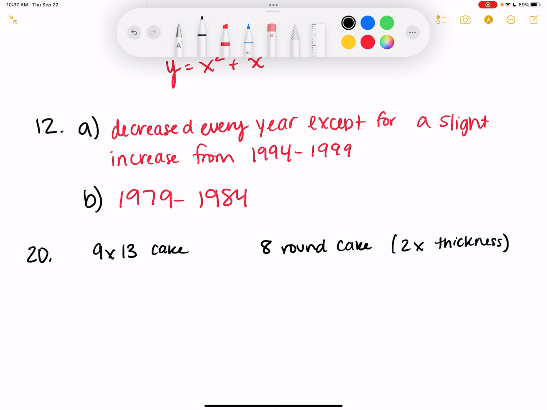So we need to find the area of both cakes. Okay, so the area of the rectangular cake would be what? Length times width. 9 times 13, which is what? 117 inches squared. How about the area of the circle cake?